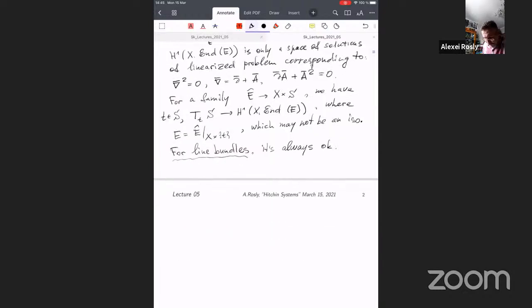What does it mean? That if we denote by M the moduli space of line bundles on some manifold X, which is the same as the Picard group of X, then the tangent space to M at any point t in M is always H1 of X with values in the trivial bundle O. This is because the endomorphism bundle of a line bundle is always the trivial bundle O. Is it clear why?